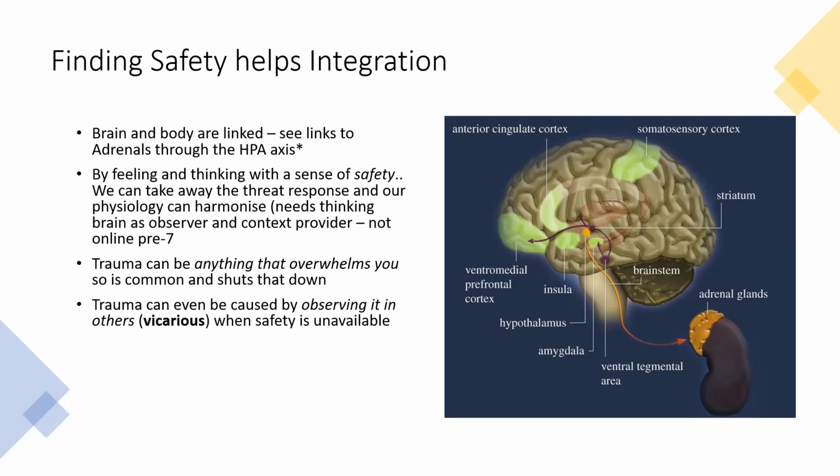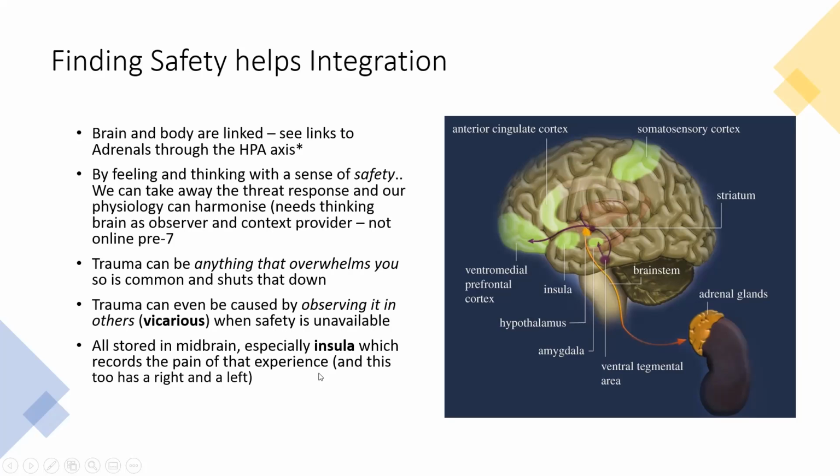So if it was your mother being attacked, or it was your dog being attacked, or it was someone you loved and cared for who was hurt, you as a sensitive person can also be traumatized, because particularly when safety is not available to you. And so you can be traumatized witnessing something that is painful for another. We call that vicarious trauma. Some people call it borrowed trauma.